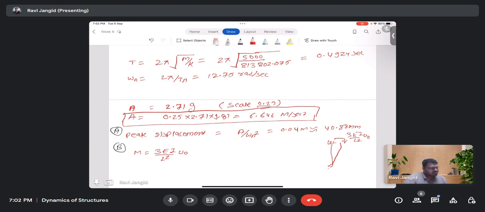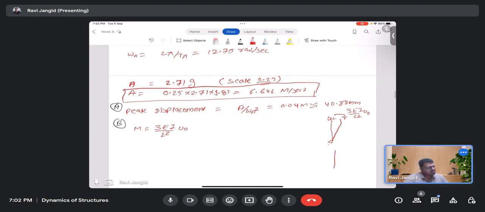Suppose if it is fixed, then it would be 6EI by L square U naught, and here also that would be 6EI by L square U naught.